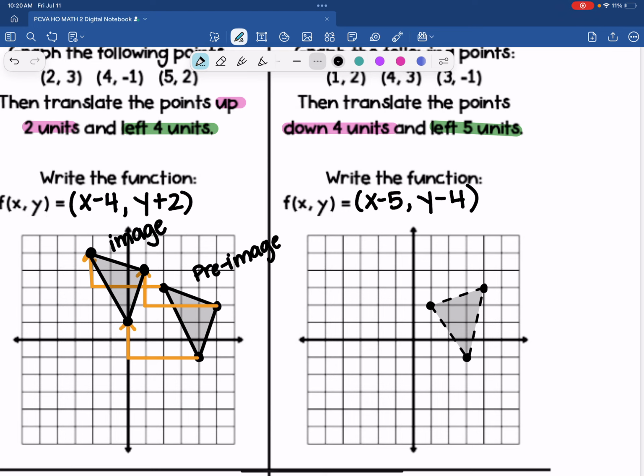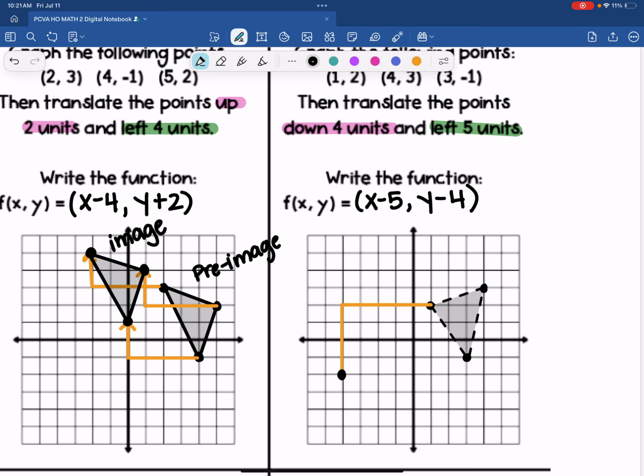Okay, so we're going to translate this to the left 5. So I'm going to do it for one of them, and then I'm just going to count the spaces for the others. So we're going to go 1, 2, 3, 4, 5. And then we're going to go down 4. 1, 2, 3, 4. And there's my new point for my image.